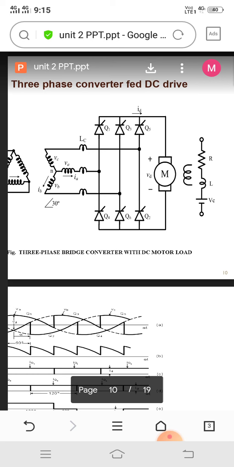Look at the block diagram. SCR 1, Q1, is the positive SCR of the first phase. SCR 2 is the negative SCR of the third phase. Then SCR number 3 is the positive SCR connected in the second phase.